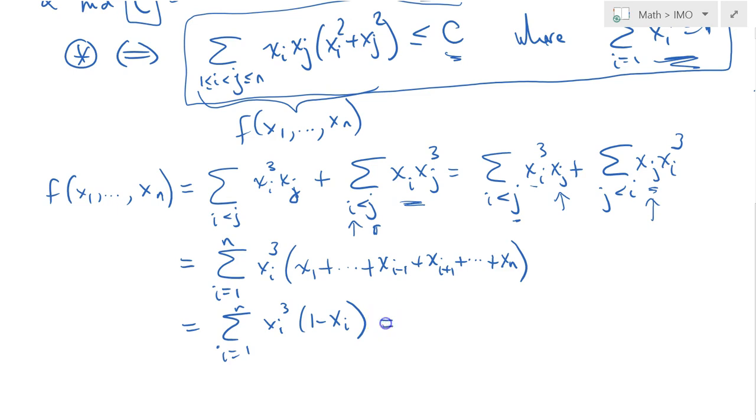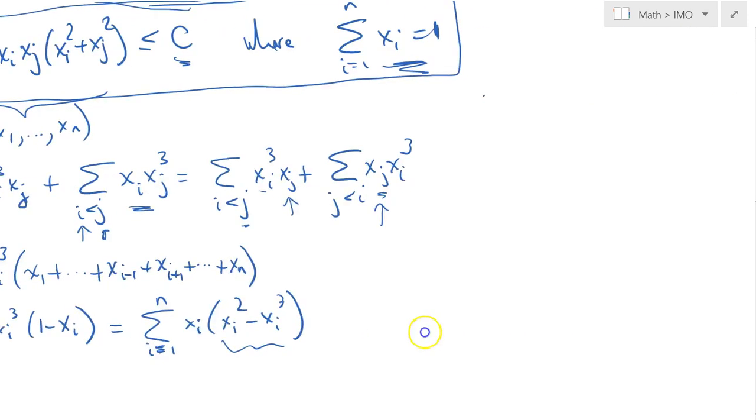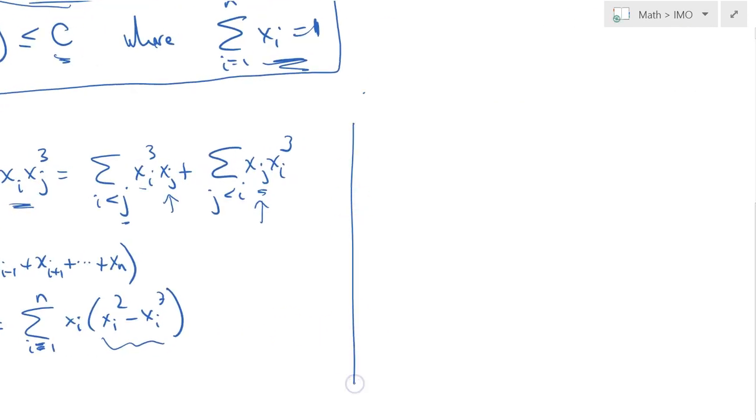And finally, I will rewrite this in the following fashion, as you will see next. I will just factor inside the x_i squared, so it will be x_i squared minus x_i cubed, i from 1 to n. Now I want to investigate the features of this function, so let's open some space on the side.